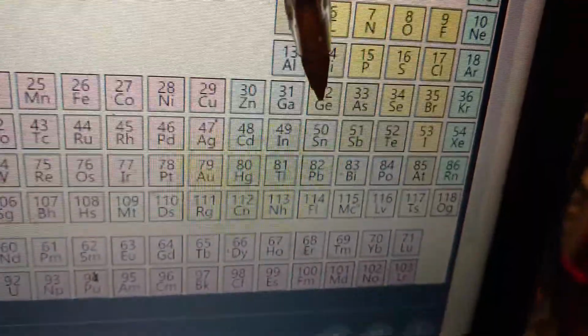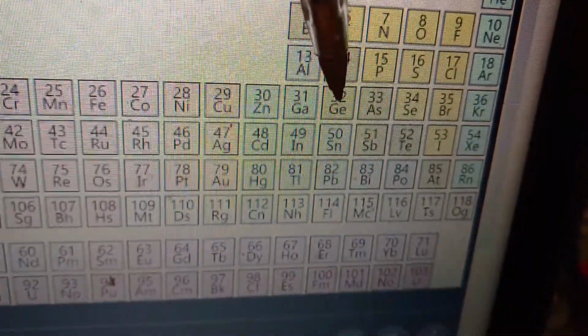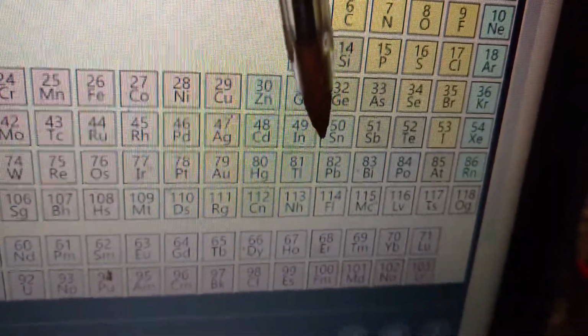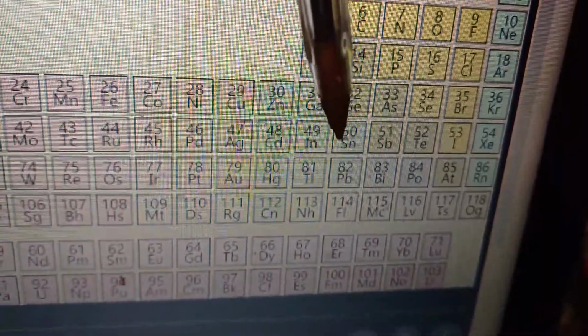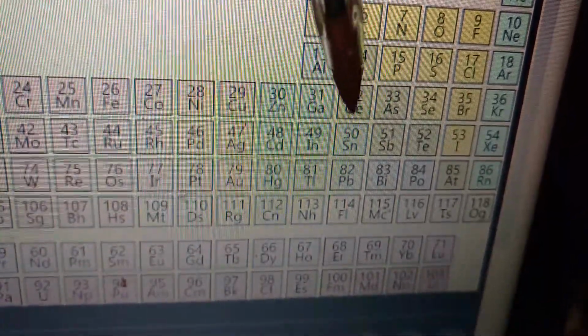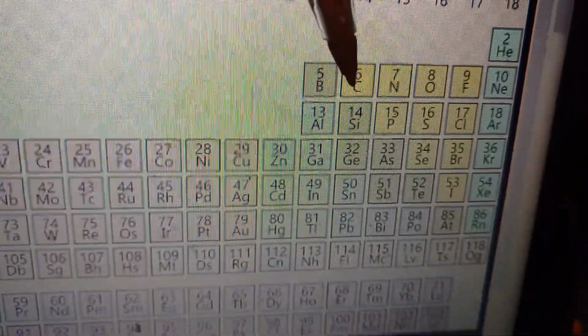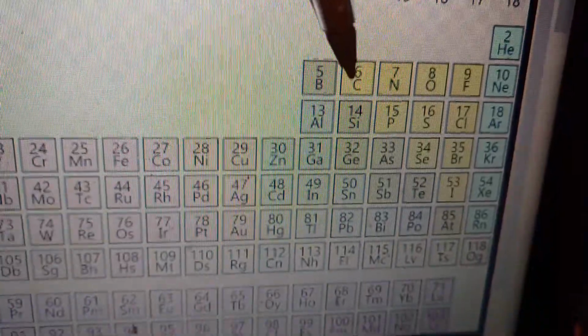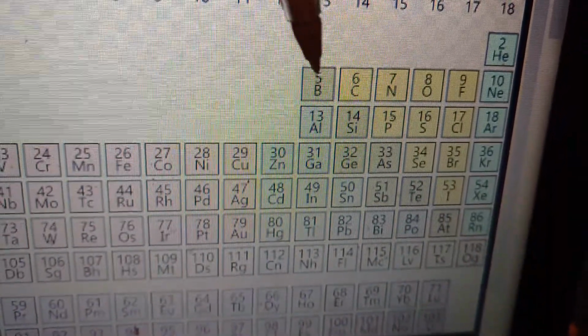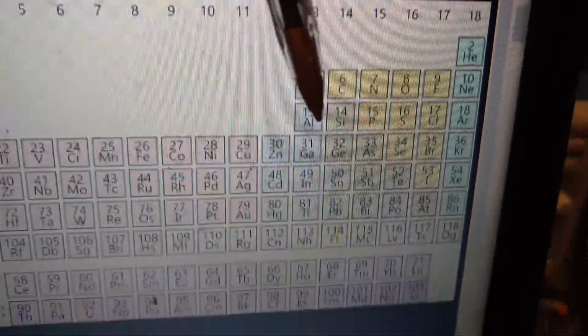Germanium is the alternate universe way of making a PN junction. Tin, that's too much of a metal. So these 2, and even some experimental work with carbon, can make semiconductors, I think. Anyways, these are called group 3.